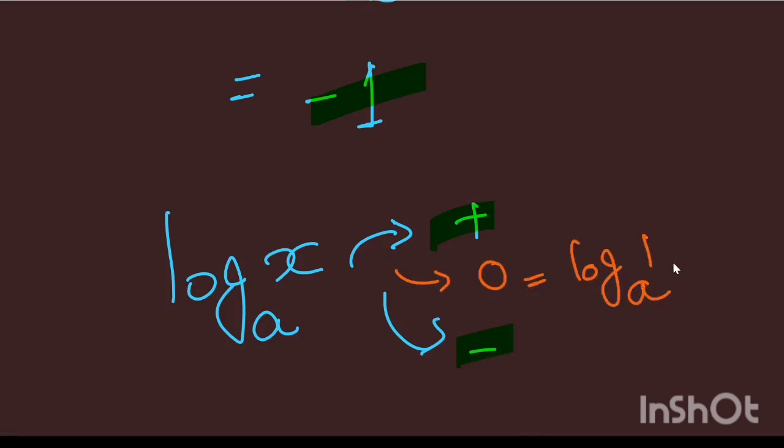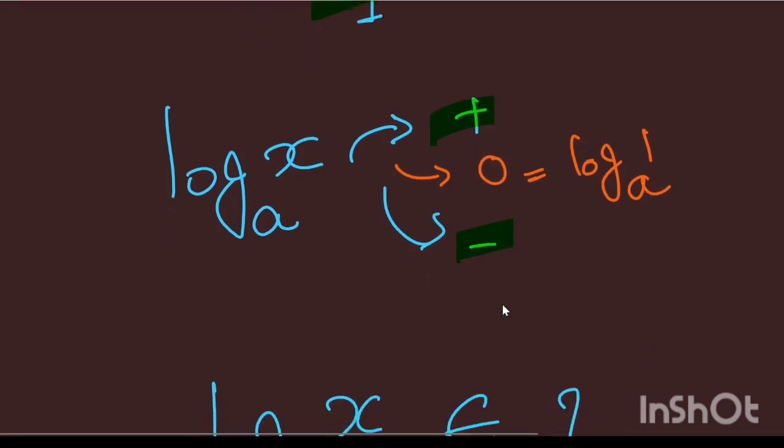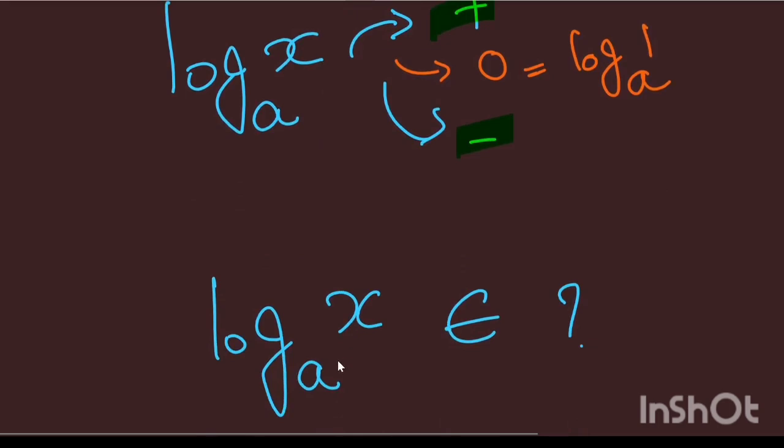Okay, so in short we can justify, prove by using the graph of log. That is again a separate discussion, but we can say that log x base a, guys, can attain any big positive and big negative value.